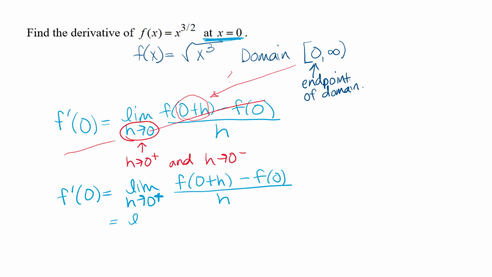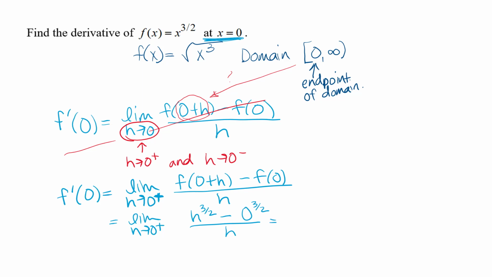All right, so when I plug in 0 plus h into the function in place of x, I will have 0 plus h to the 3/2, or that's just h to the 3/2. And then when I plug in 0, I will have 0 to the 3/2 all over h. 0 to the 3/2 is just 0.